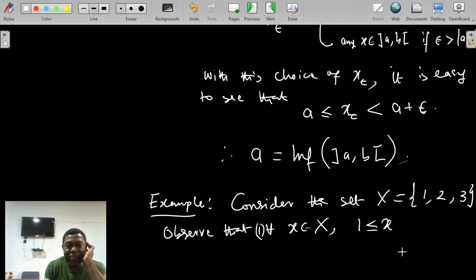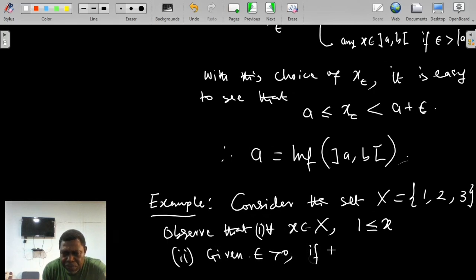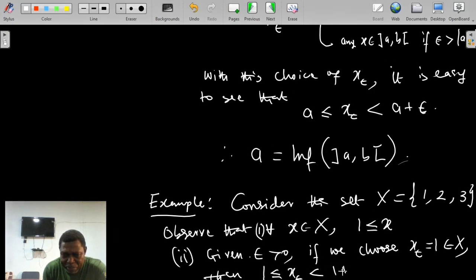And also, number two, given epsilon bigger than 0, if we choose x epsilon to be equal to 1 in X, then 1 will be less than or equal to x epsilon, and this x epsilon will be less than 1 plus epsilon, meaning that 1 is a lower bound, and for any epsilon bigger than 0, there exists x epsilon equals 1 itself, so that 1 is less or equal to itself, which is x epsilon, and 1 is really less than 1 plus epsilon.